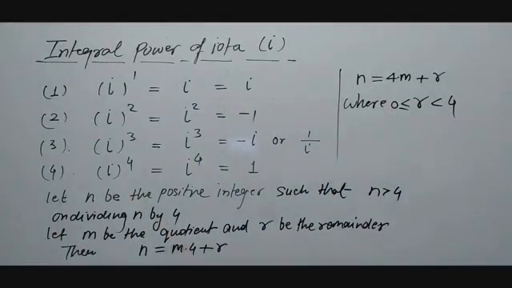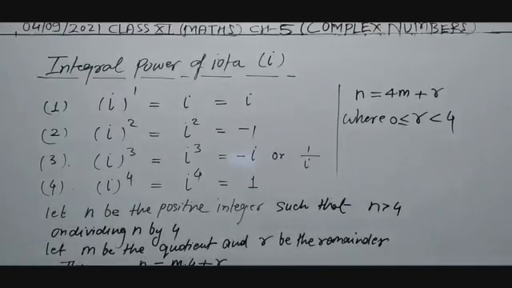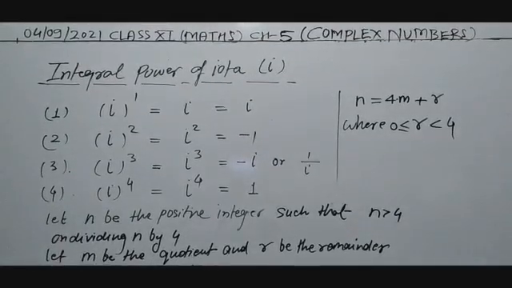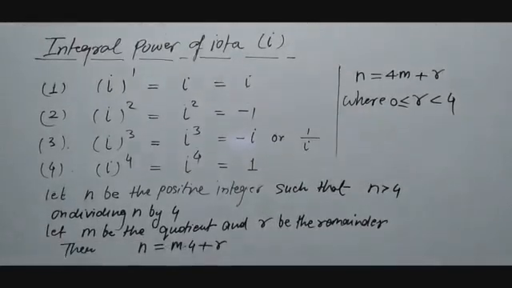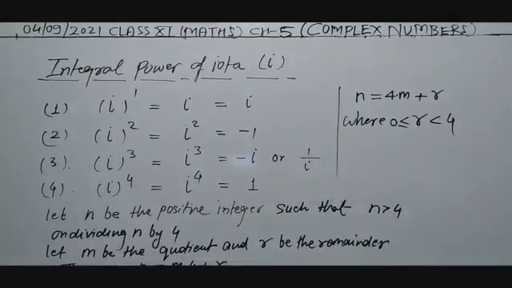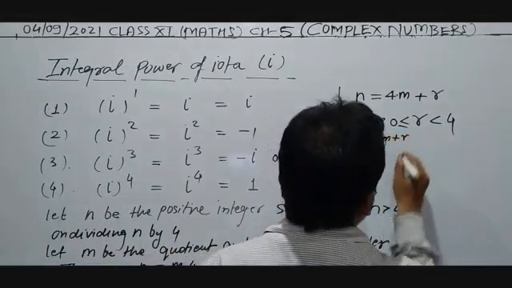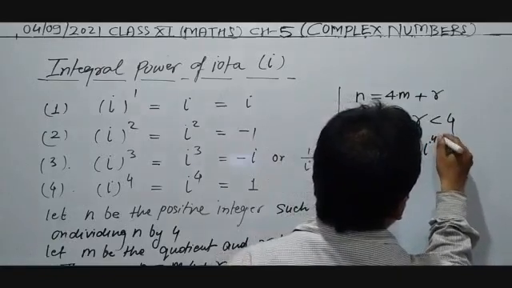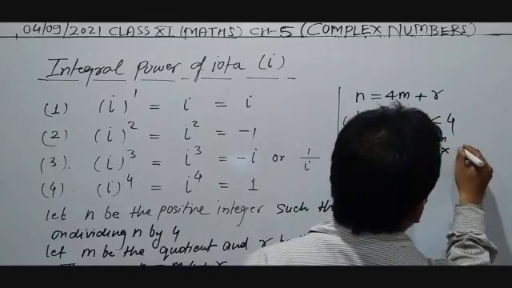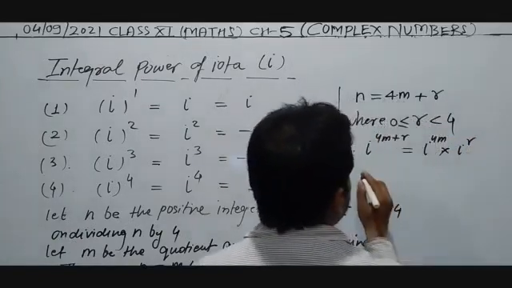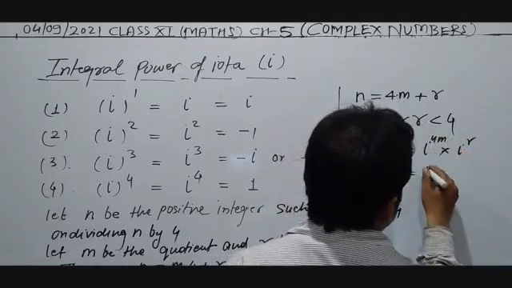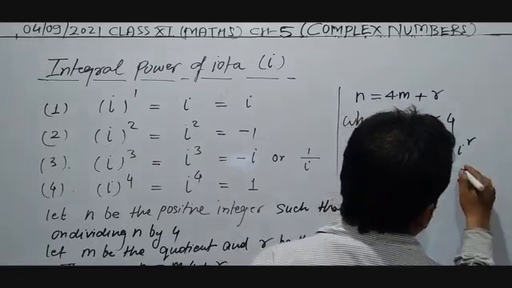Now when i is raised to a multiple of 4, you consider the result as 1. So we can write i to the power 4m plus r as i to the power 4m into i to the power r, and i to the power 4m is 1, so 1 into i to the power r.